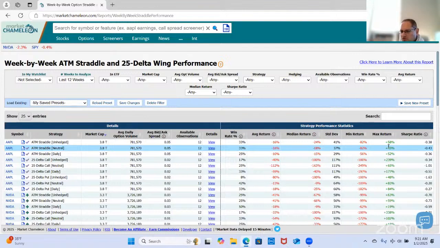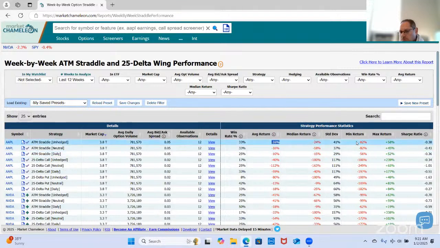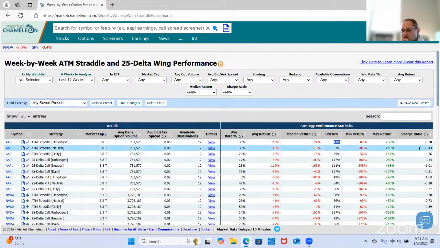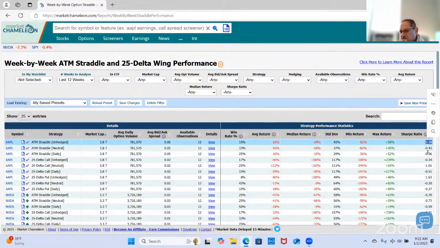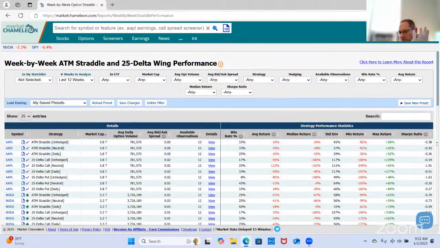Now, to normalize or standardize the potential reward versus the risk in those last 12 weeks, we could take the average return divided by the standard deviation of the returns and get this ratio. Of course, this is negative, so these were negative returns, right?